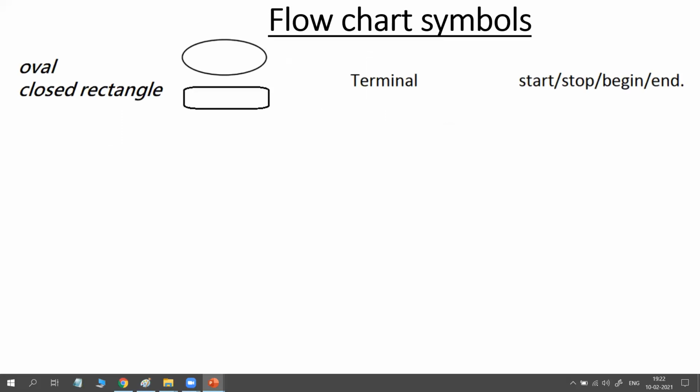For example, oval or closed rectangle. This is used for start and stop. As I told you, every algorithm's first step is start or begin, and last step is either stop or end. You can write anyway. And the start, stop, begin, or end can be represented using the symbol oval or closed rectangle. This is called a terminal symbol.